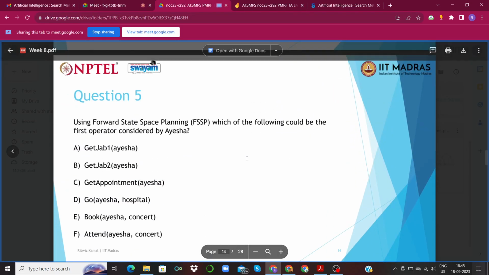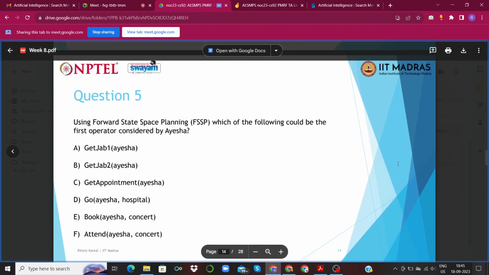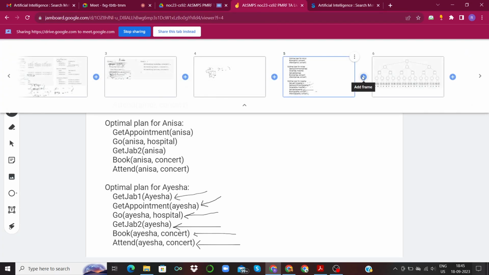Now we come to one of the formal methods that we are going to see for planning, and that is forward state space planning. Let me just give a brief overview of what we mean by forward state space planning.